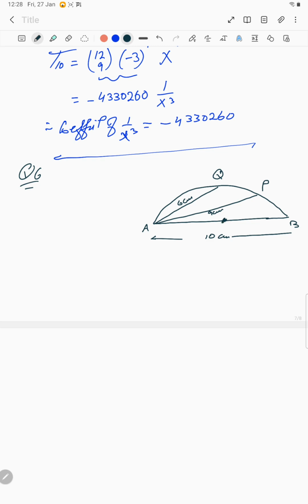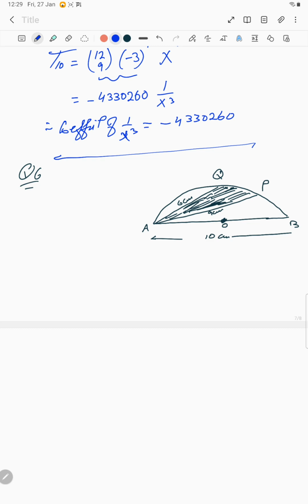Here is the center O, and you are looking for the shaded part. We are looking for the area and perimeter of the common region between this arc PQ and the chords AP and AQ. Okay, we need to find the common area and perimeter of this shaded part.